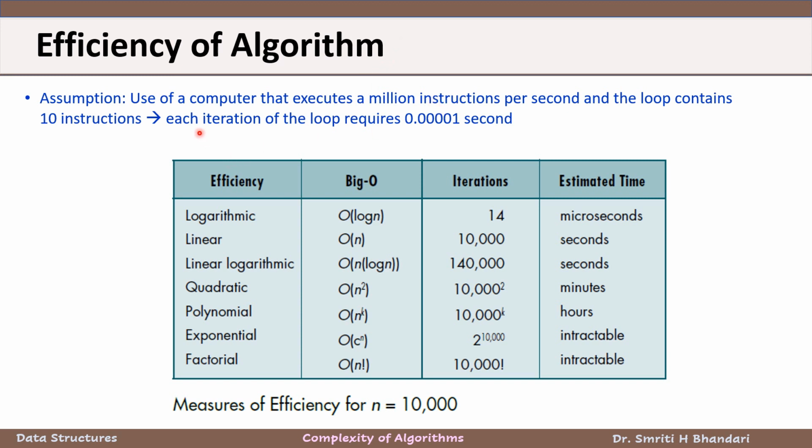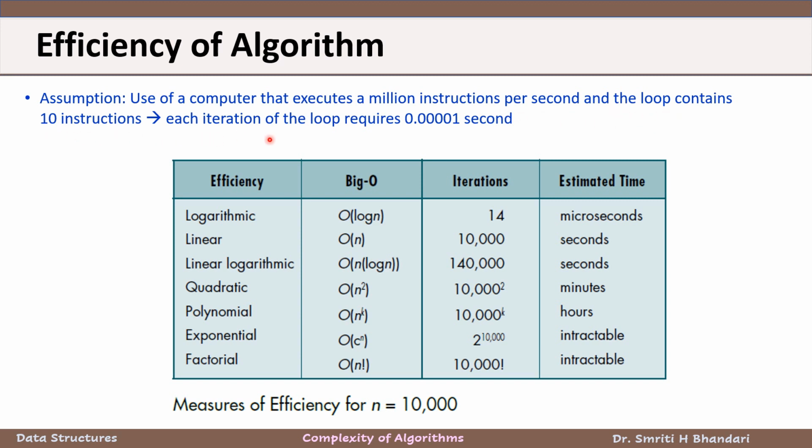Now let's try to summarize the different types of loops and the respective complexities of the algorithms. The assumption is we are using a computer that executes 1,000,000 instructions per second and the loop contains 10 instructions.